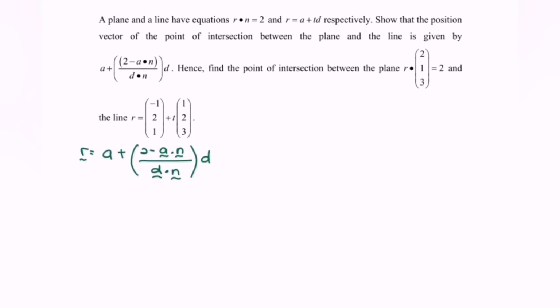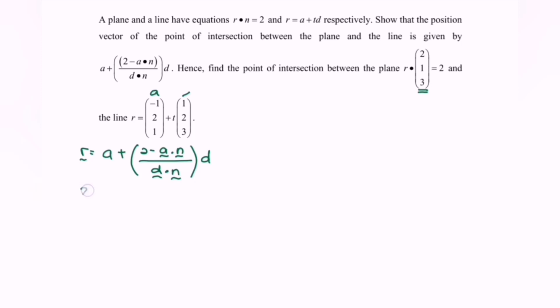Hence, find the point of intersection between the plane r dot n, where n is (2, 1, 3), and the line where a is (-1, 2, 1) and d is (1, 2, 3).